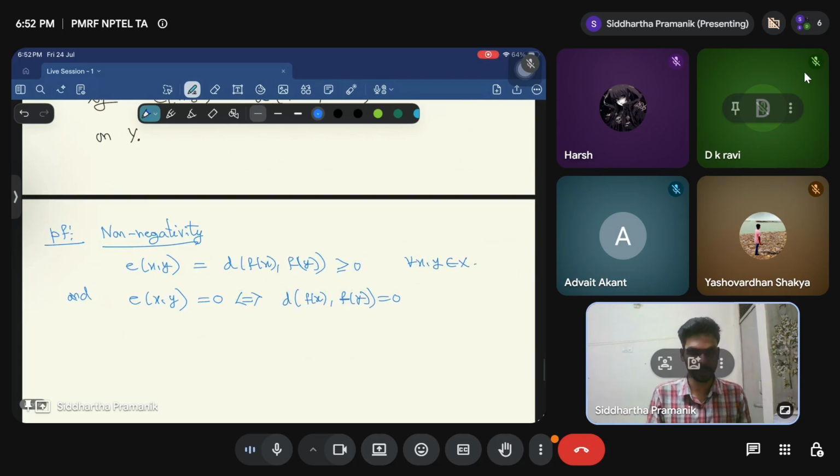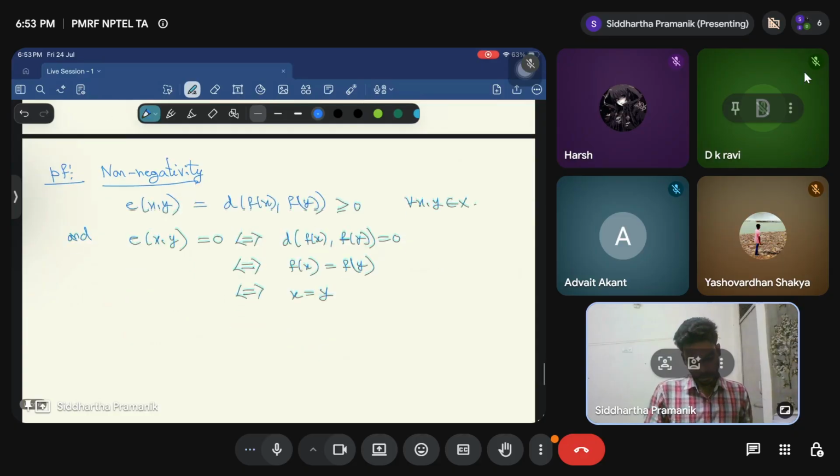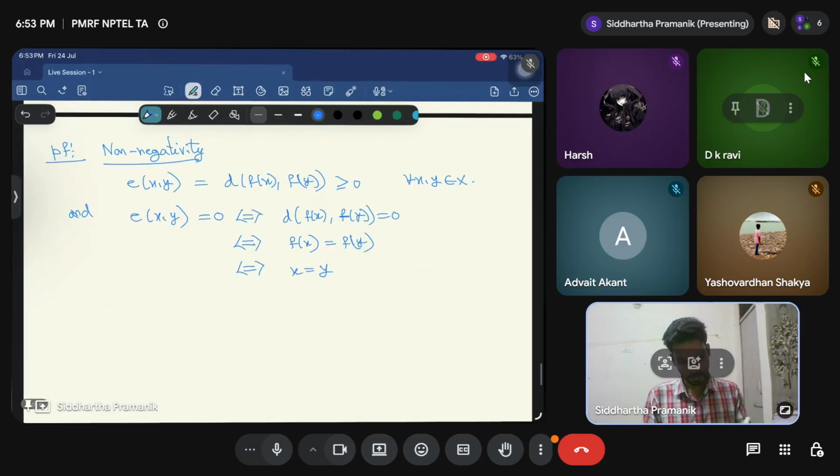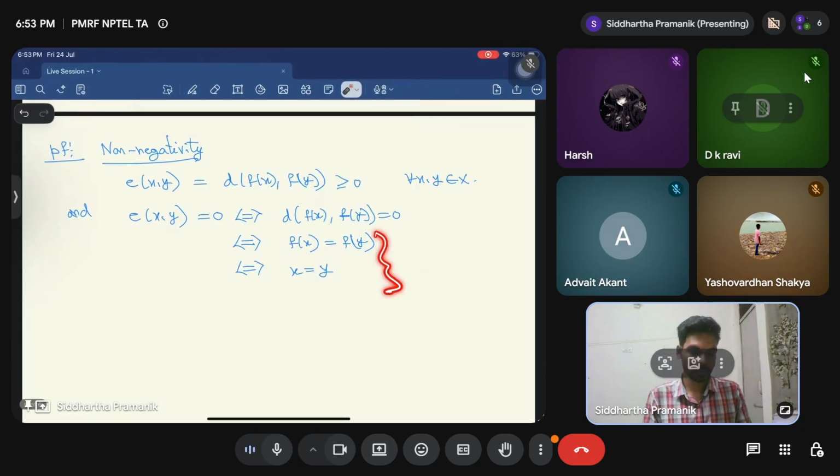That is by definition. But d is a metric, so this is true if and only if fx equals fy. And f is an injective function. So since f is an injective function, this is true if and only if x equals y. So this proves the first axiom. This is the only place where we need the injectivity of the function f.